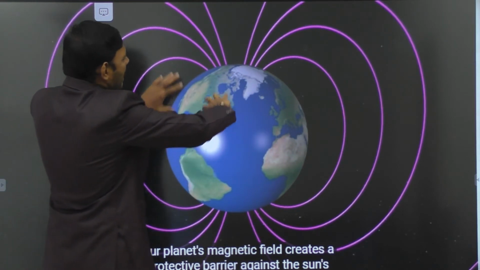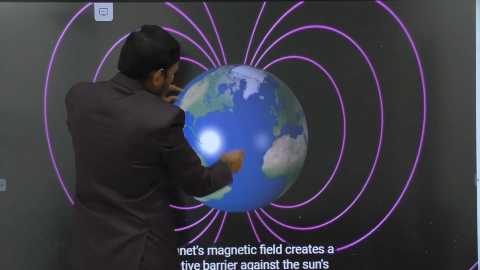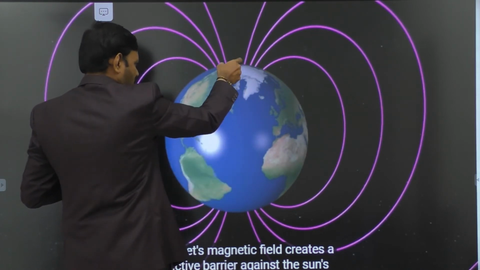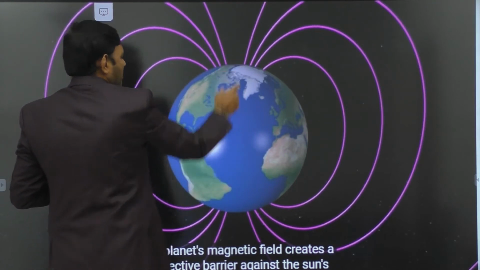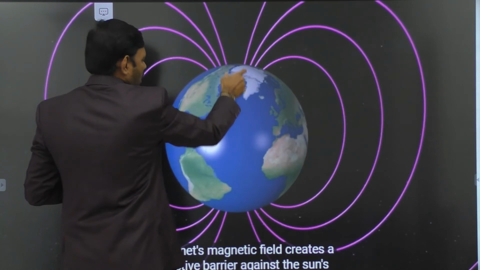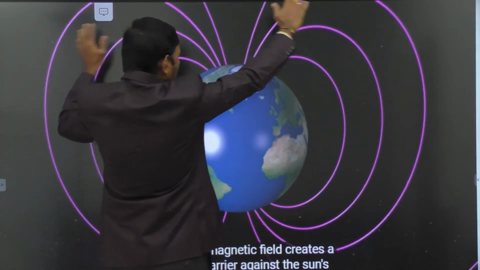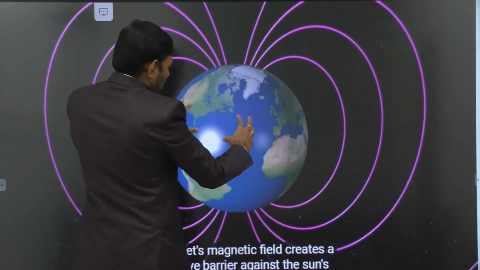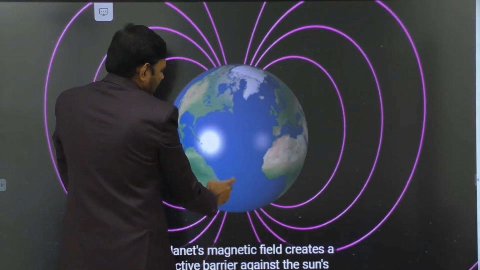There is a magnetic field. Earth behaves like a huge magnet along the polar axis, very close to the polar axis. We assume a bar magnet; we can equate the Earth to a bar magnet along the polar axis, and there is a magnetic field around the Earth, not only inside it, because of this bar magnet nature of the Earth.